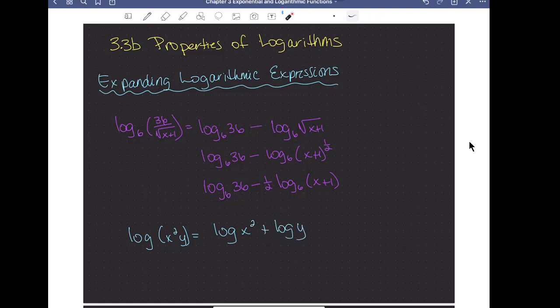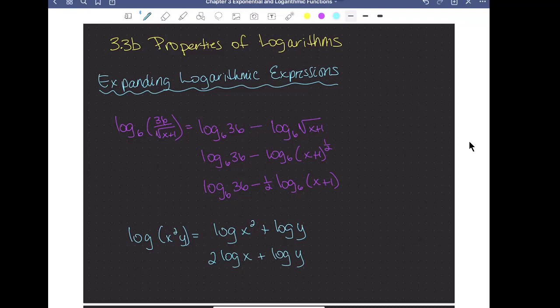And remember, if they don't put in the little base, then that is a base 10 system. You don't have to write the 10 in there, but just remember that if that's not there, that's technically still a base 10 system. And then you get the power rule again with our x squared. We know that the 2 can come out to the front. So then we have 2 log base 10 of x plus log base 10 of y.